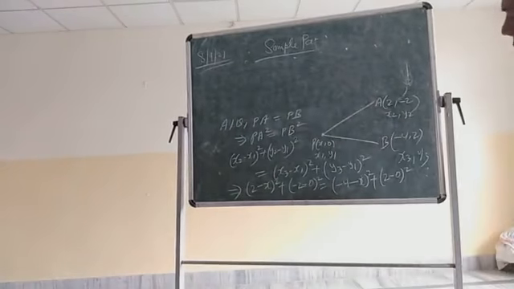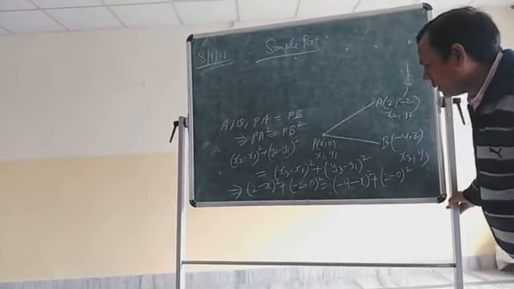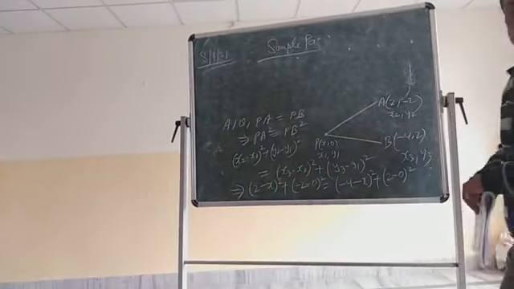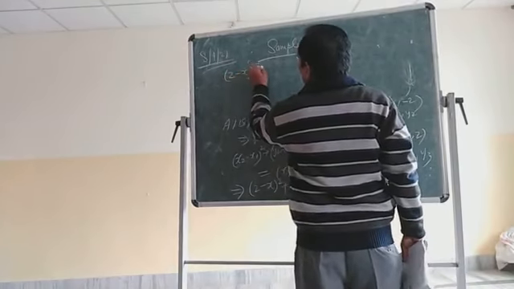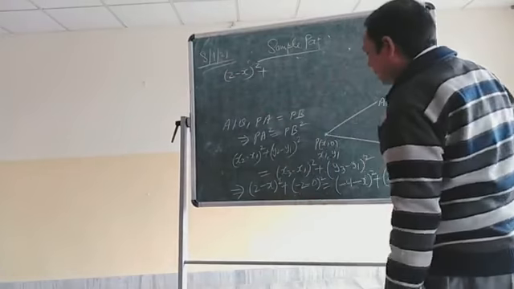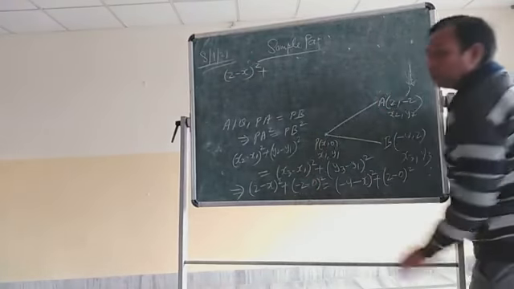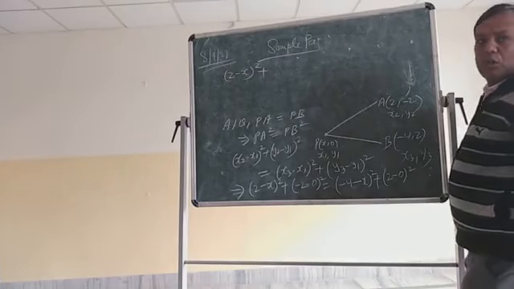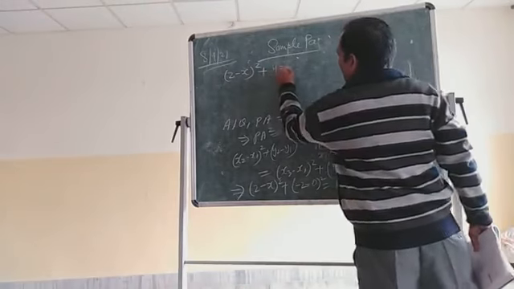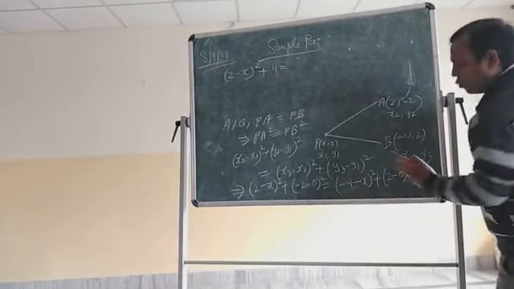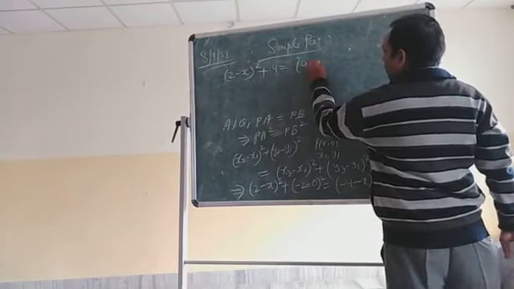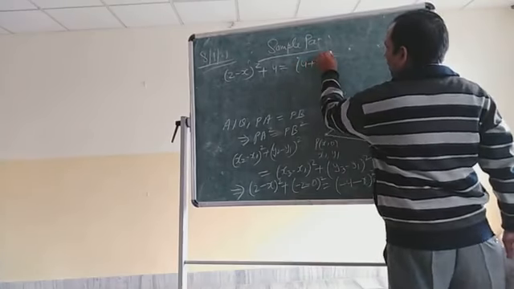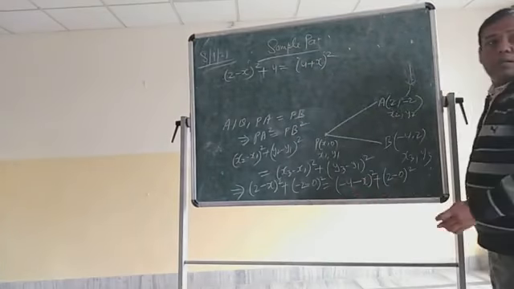So now what will this be? This is (2 minus x) whole square plus (minus 2 minus 0) whole square, which is 4. And after that, (minus 4 minus x) whole square is nothing but (4 plus x) whole square. Why?